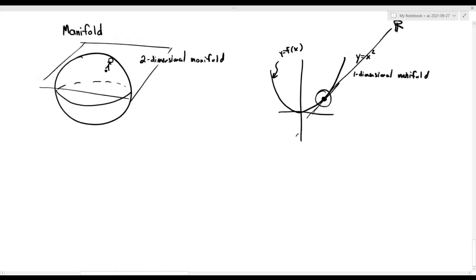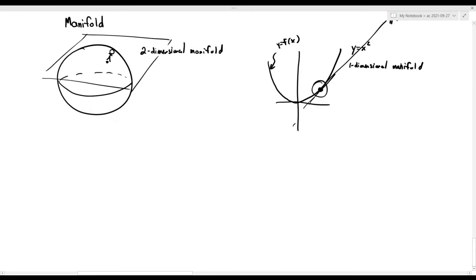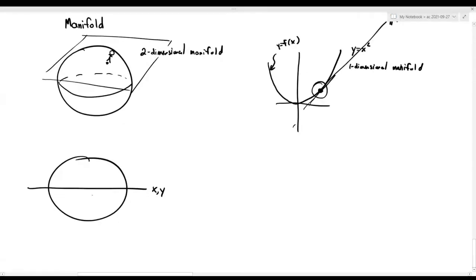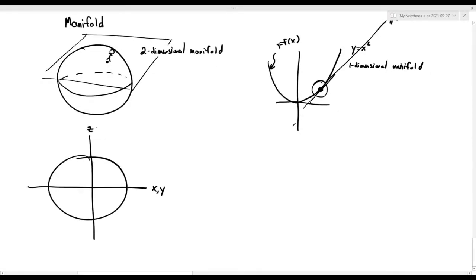Oh. So I won't go into the patches stuff, but no, let's do the sphere really quick. So the idea then is like in a sphere or even a circle, let's say this is the XY plane, kind of in profile, right? And this is like the Z-axis. If you look at the upper hemisphere, can you think of one of the variables as a function of the other two?